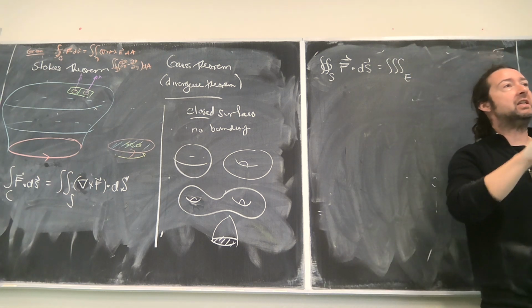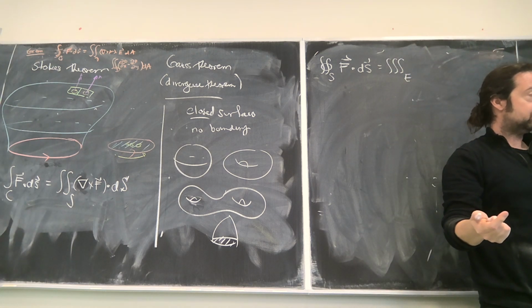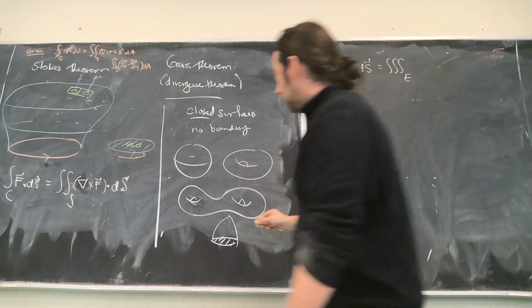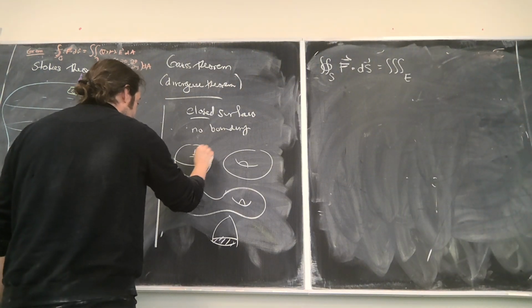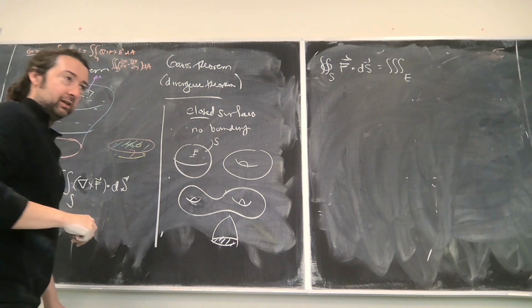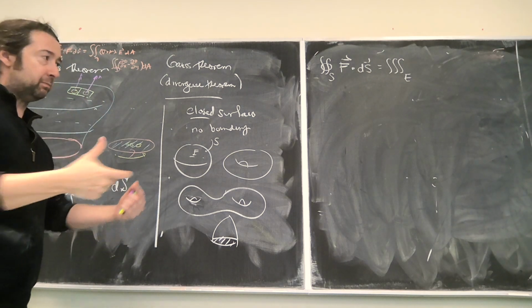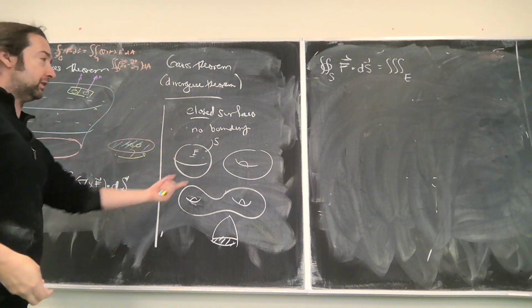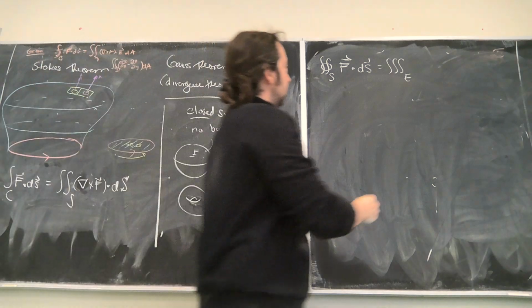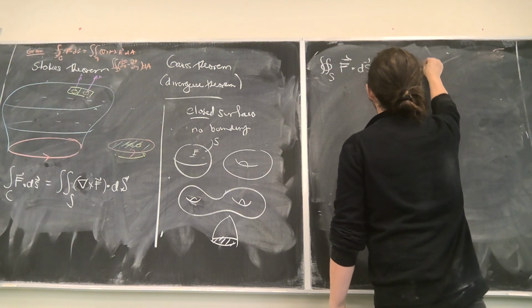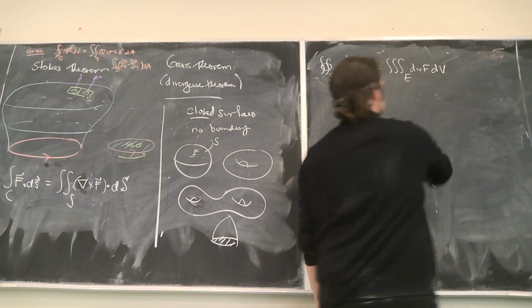So I think E is the inside of your closed shape. So E is on the inside, and S lives on the outside. E is the interior of the shape, like the ball part, and the sphere, which is its boundary, is the S. Of the divergence of F dV.